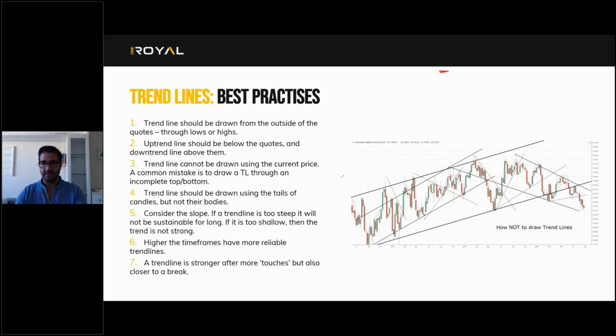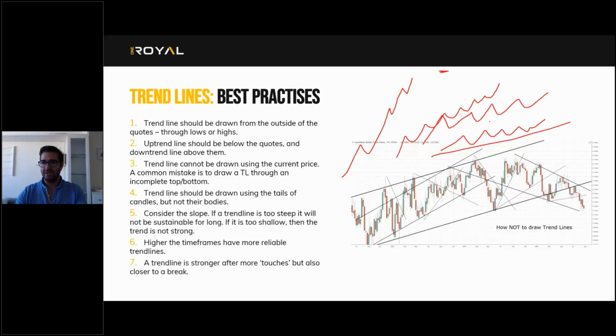If the market is moving aggressively and steeply to the upside, this is not really good. And if it moves in a flat or shallow way, this is also not healthy for the uptrend. In the middle is the best way to see the trend moving to the upside.